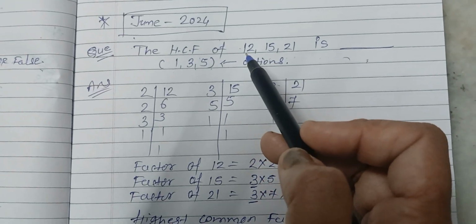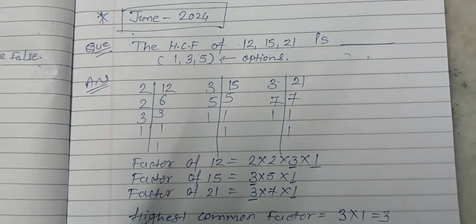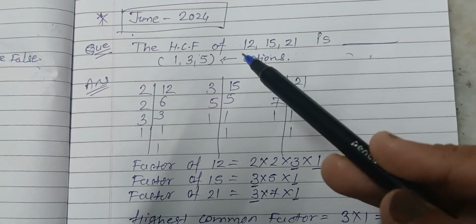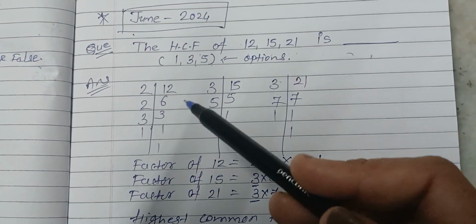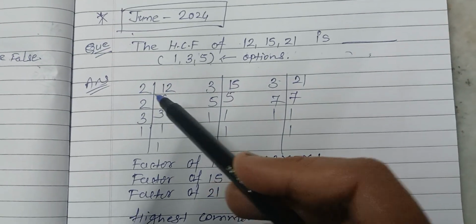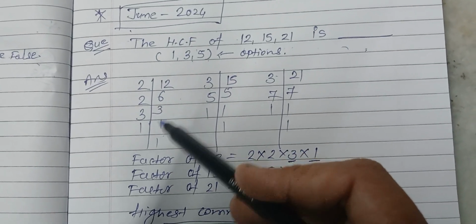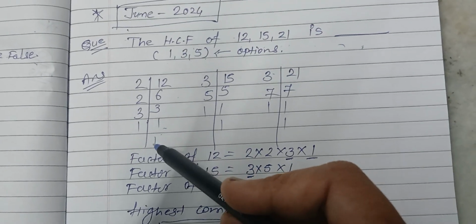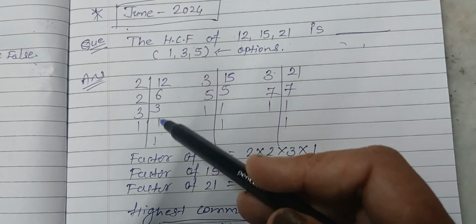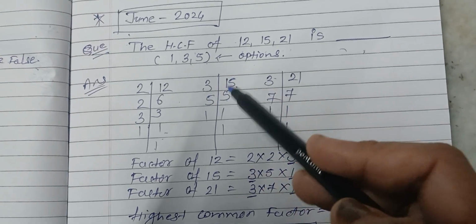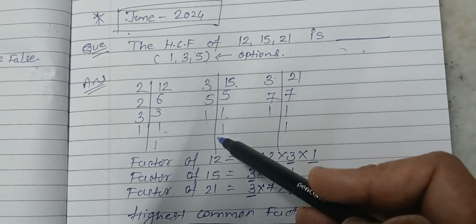Whenever the HCF is asked in the question, our first step has to be factorization. So we do the factorization of 12. 2 sixes are 12, 2 threes are 6, 3 ones are 3 and 1 ones are 1. Until we get the 1, we will continue with the factorization. For 15, 3 fives are 15, 5 ones are 5, 1 ones are 1.